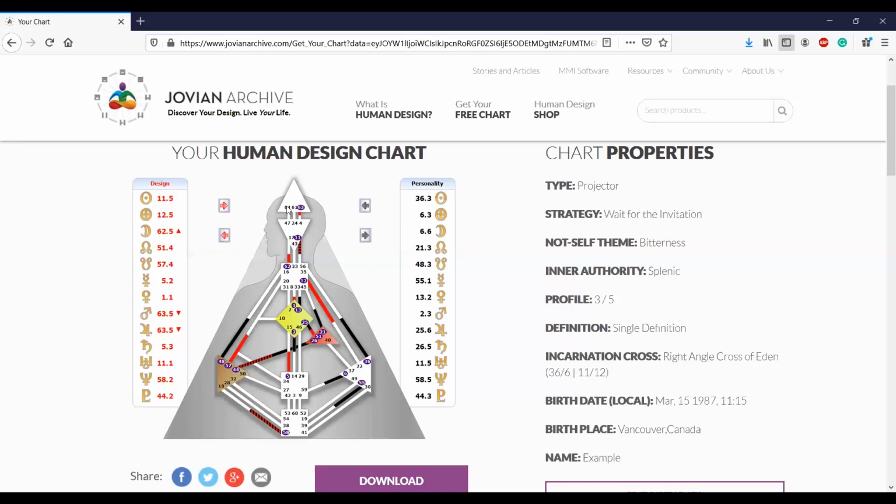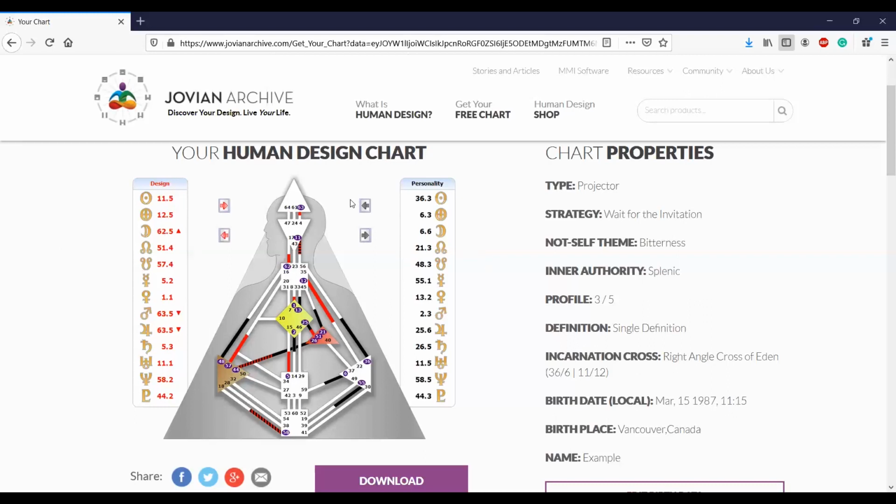So these are these numbers here. We also have the birth chart. So this is the birth chart, on both sides, and I'll talk about it in a second. Incarnation cross, which is here, as well as arrows.